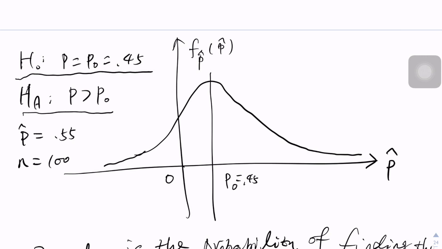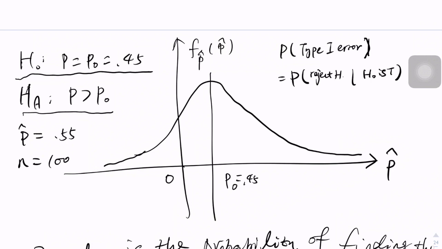When we used the rejection region method, we first fixed the probability of making type 1 error as a small value. So the probability of making type 1 error, given that H0 is true and we reject the null hypothesis, should be very small, and we fix this value to be a small value, say 5%.